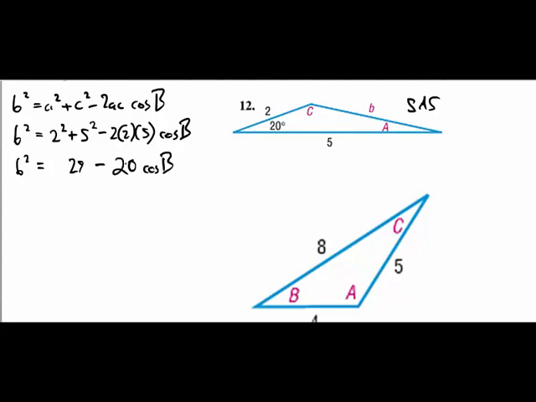Please resist the urge to say that 29 minus 20 cosine B is 9 cosine B. That is incorrect because of order of operations. You have to multiply the 20 times the cosine B, cosine not B. We actually know the answer B. Silly me. We actually know that this is cosine of 20. All right.